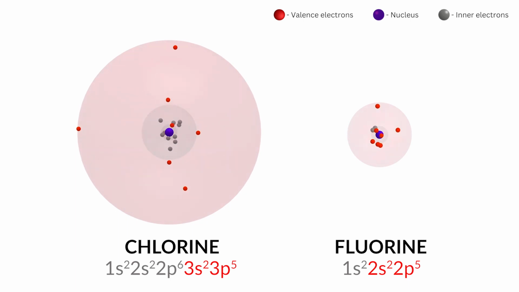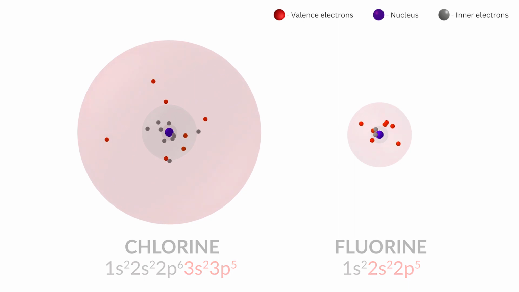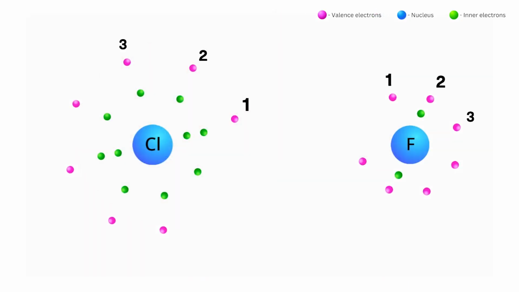Now, what can you say about this number? Does it follow the octet rule? 7 is a very close number to 8, which means that chlorine and fluorine are both 1 valence electron away from achieving octet.